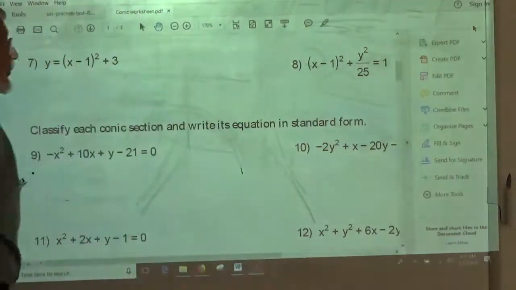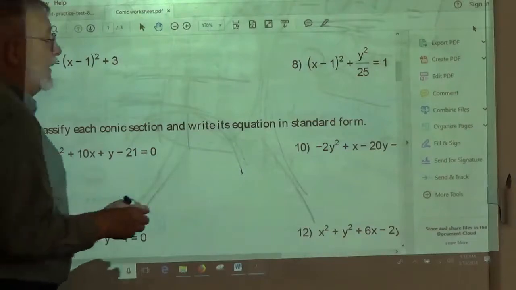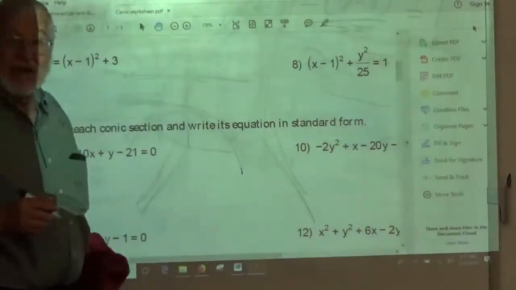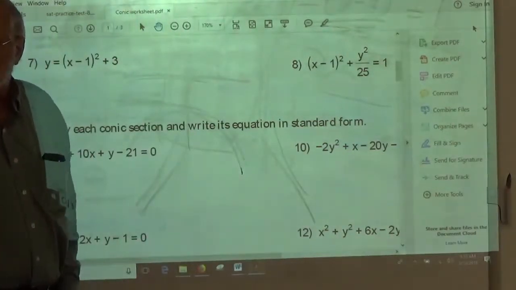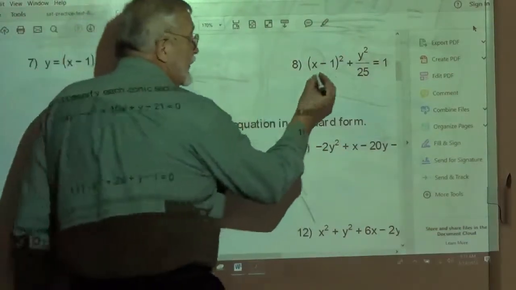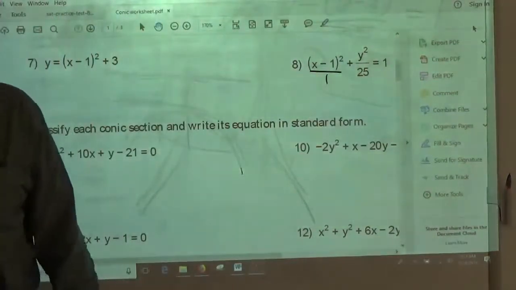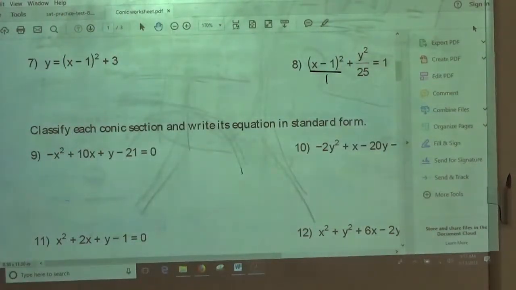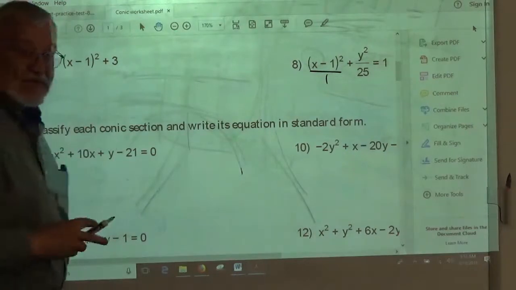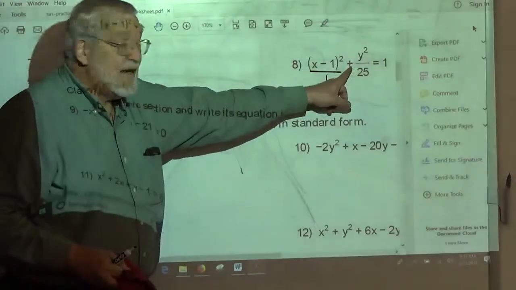All right, next one. What do you see? It's a hyperbola. Now again, this is tricky. If I make this first problem a fraction, what does it look like? Would it look like this? Now it looks like a what? An ellipse. Why an ellipse? Both positive, and there's a plus sign in between.